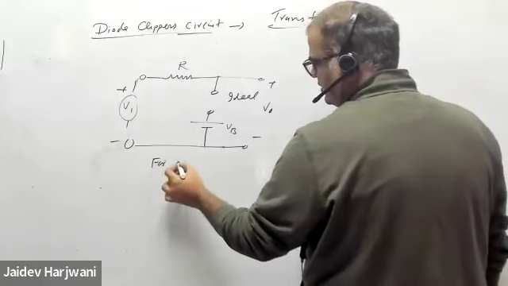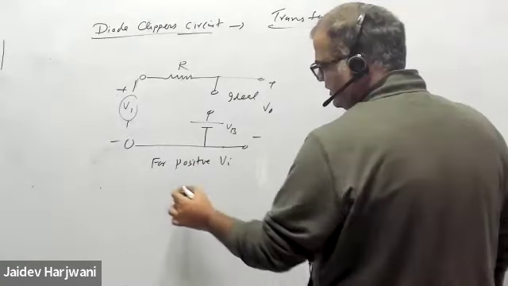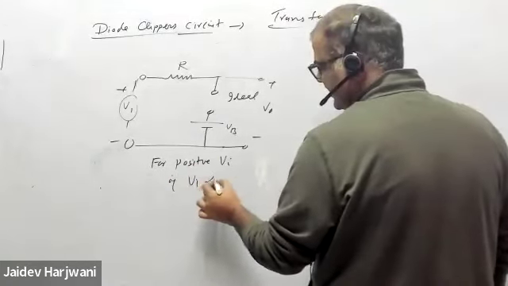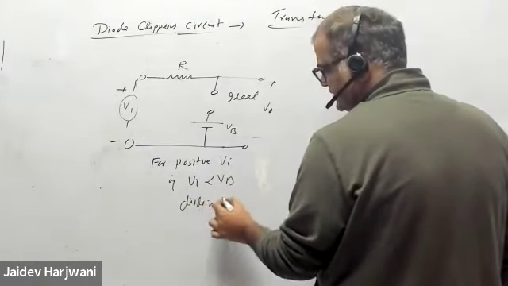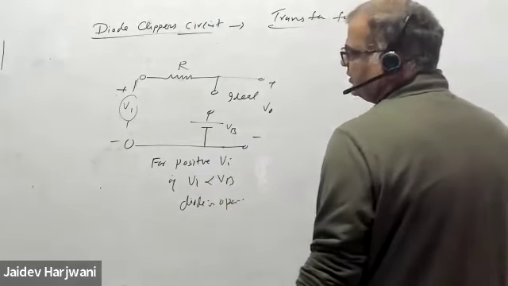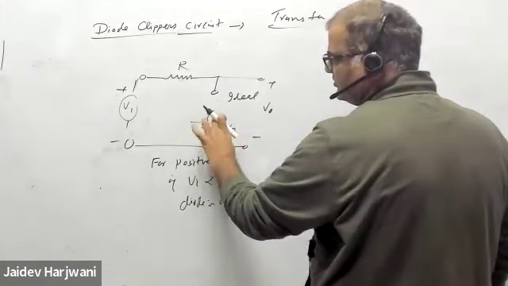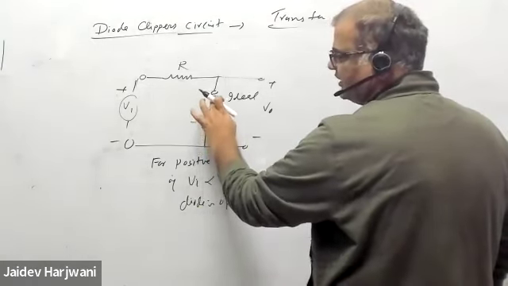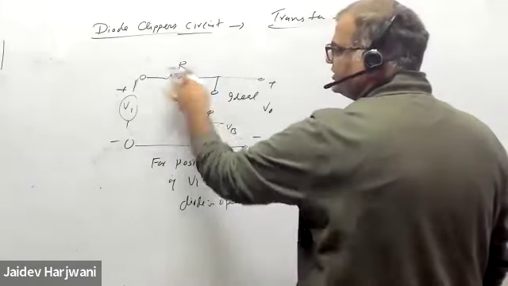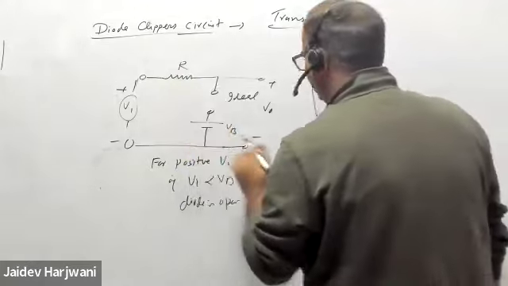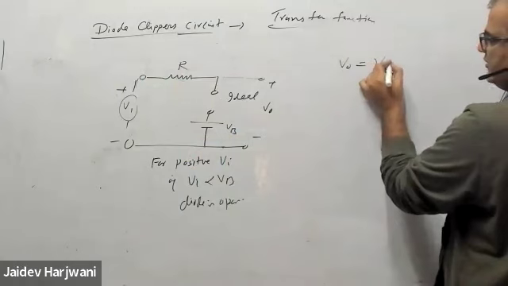For positive Vi, if Vi is less than Vb, diode is open. Diode is open means this is also disconnected. It's not connected here, so no current is coming here. So this voltage is exactly coming here. So you can write V output is exactly equal to V input.